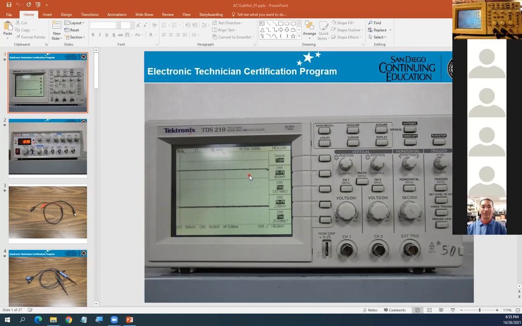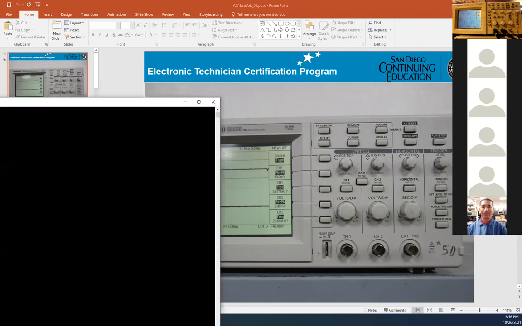Otherwise the measurement will get an error. So the probe setting on the oscilloscope window and the setting on the probe are synced together, so they operate as one. Exactly. They must be the same thing.